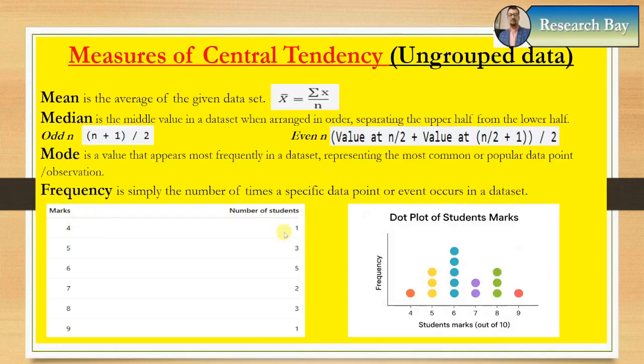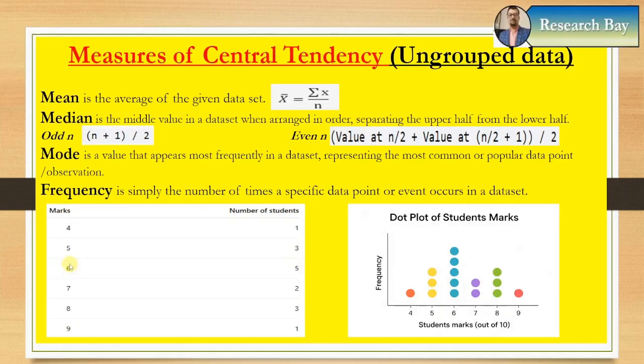So you just see closely. 1, 3, that makes 4, and 4 and 4. Here there are 5 students lying on 6, right? But we want to take the 8th position. 8th point is the median. What is that 8th point? It is 6.